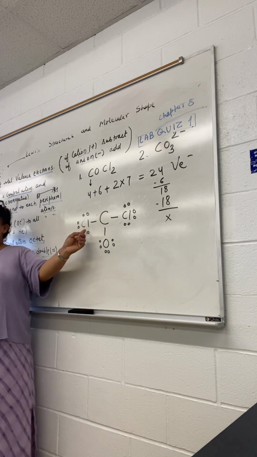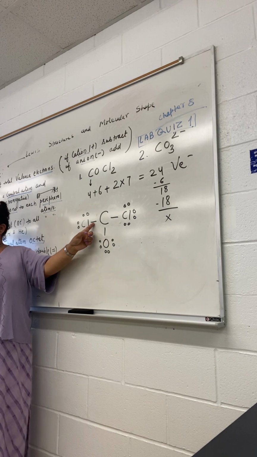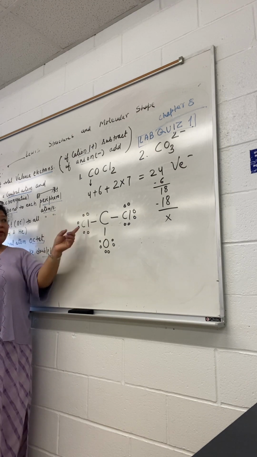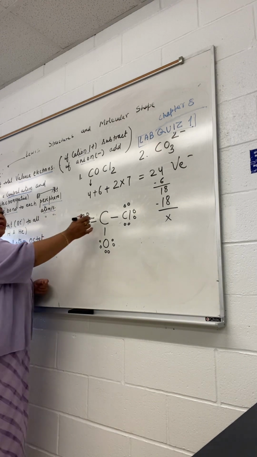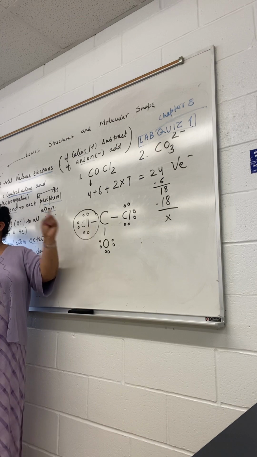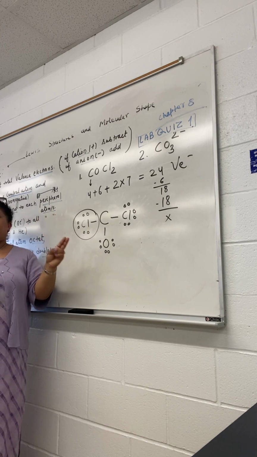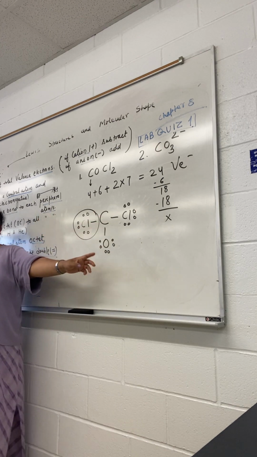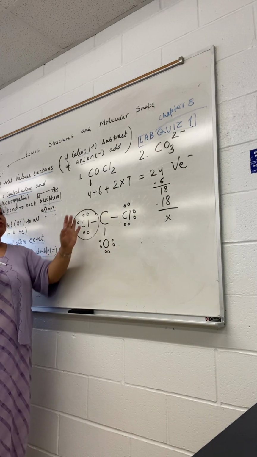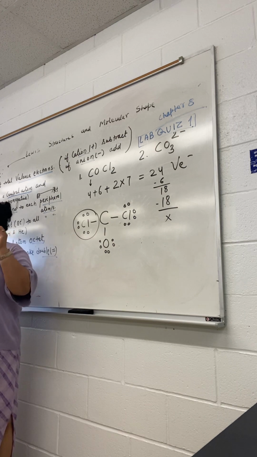If you look at this chlorine, you have 1 bond and 3 non-bonding pairs, right? That makes a total of 8. You can make a circle like this. So how many? 2, 4, 6, 8, because each bond is equivalent to 2, we said, right? Looking at the peripheral atoms, each and every one has 8 electrons.